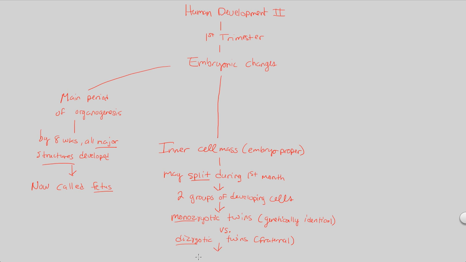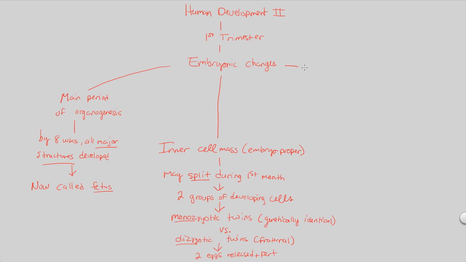Well, dizygotic twins are the result of 2 eggs being released, and thus 2 eggs were fertilized nearly at the same time. And thus, we have dizygotic twins that usually don't look exactly the same. And they may not even be both male or both female, and that's why they're fraternal, because they don't have exactly the same genes. So that's an interesting point to note that can happen during the first trimester.